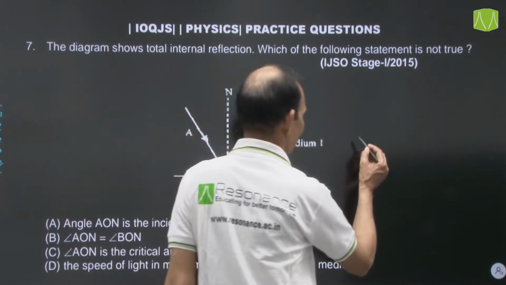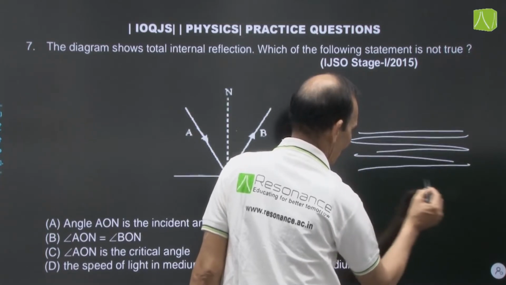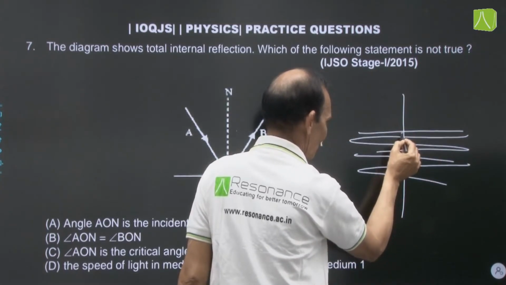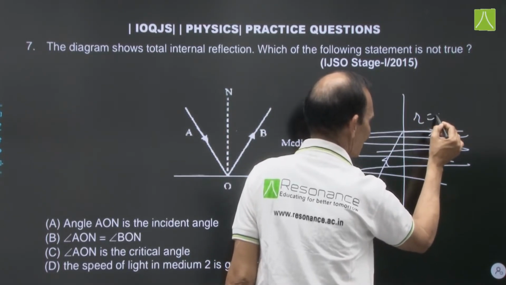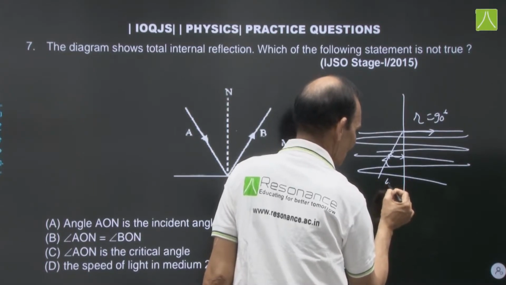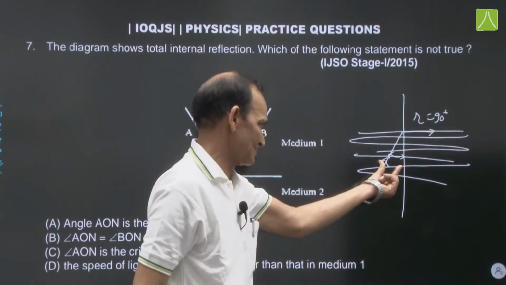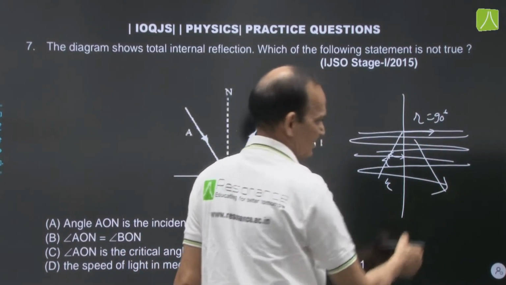You know very well what TIR means. Suppose this is a denser medium, light moves from here, when r becomes 90 degree, then it will be the critical angle IC. If we increase this angle, incidence angle greater than IC, then the ray will move in this direction.